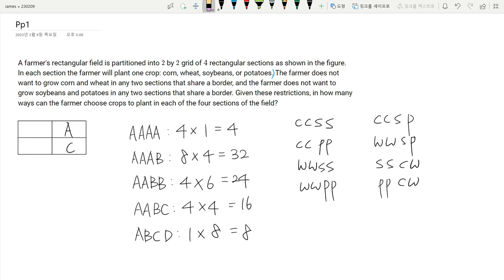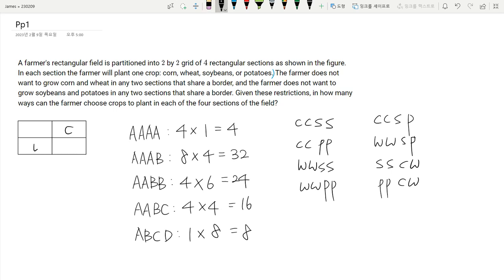And finally, if we want to fill each field with different crops, so if corn is planted here, the wheat should be planted here because they cannot share a border. And then S, P like this. And we can exchange S, P and C, W. So there are four cases, and we can exchange the diagonal.